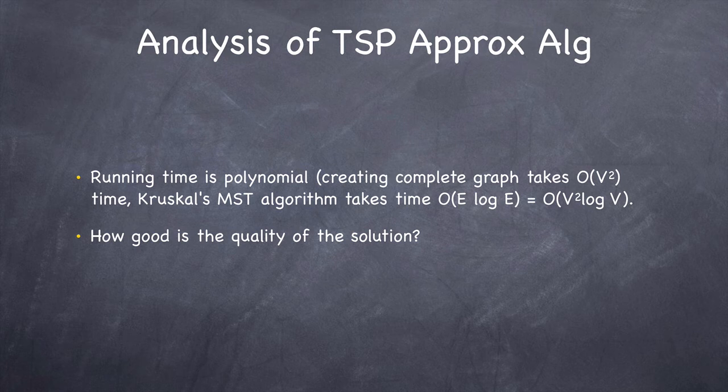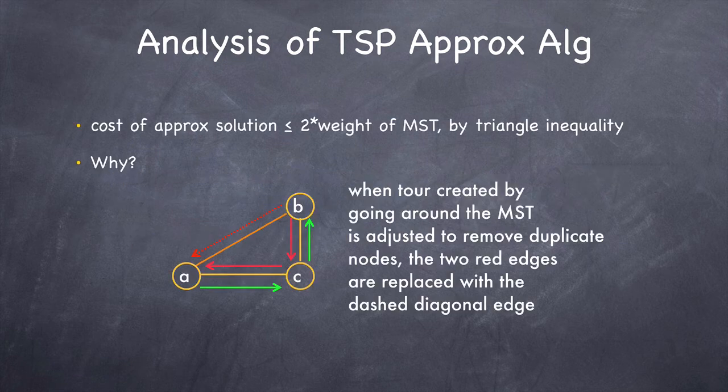Now the more important question is of course, how good is the quality of the solution? So now what we claim is that the cost of the approximate solution is bounded by twice the weight of the minimum spanning tree by the triangle inequality.